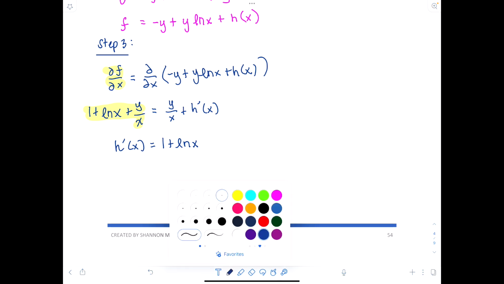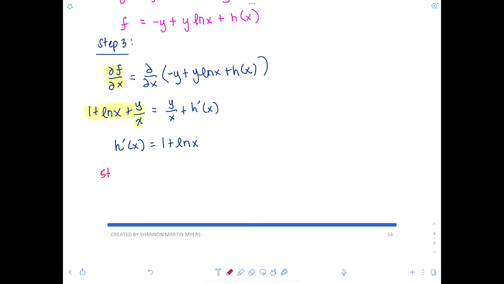Lots of steps here. People like steps, don't they? All right, so next step, we want to integrate h prime of x with respect to x. So when we do that, what's going to happen? Well, the integral of h prime of x will just be h of x, correct?